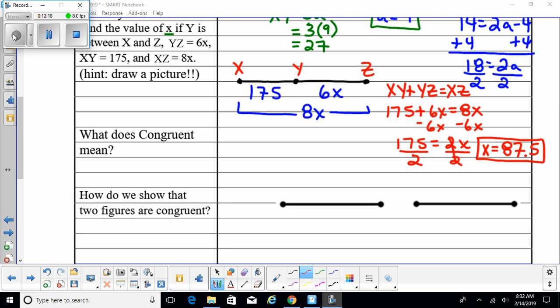The next question says, what does congruent mean? And we're going to use the term congruent a lot in geometry, and it pretty much means that the measures of at least 2 items or 2 figures are the same.